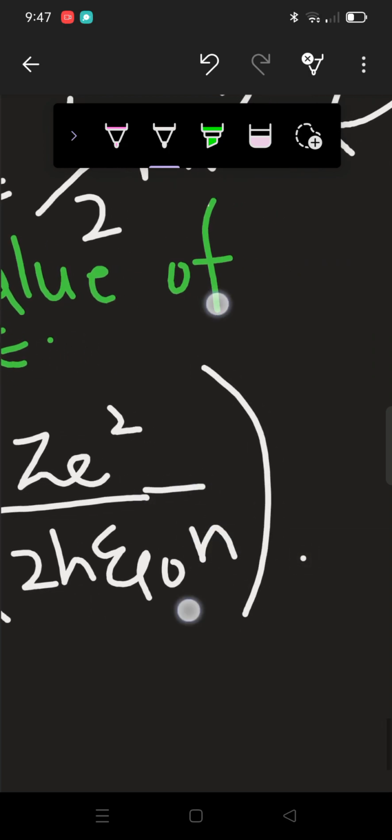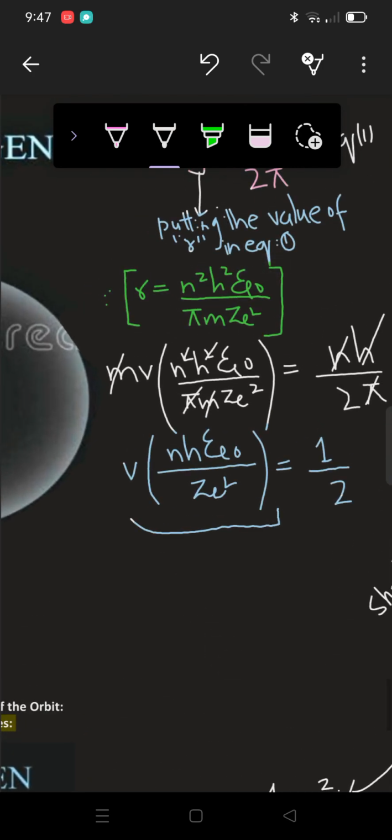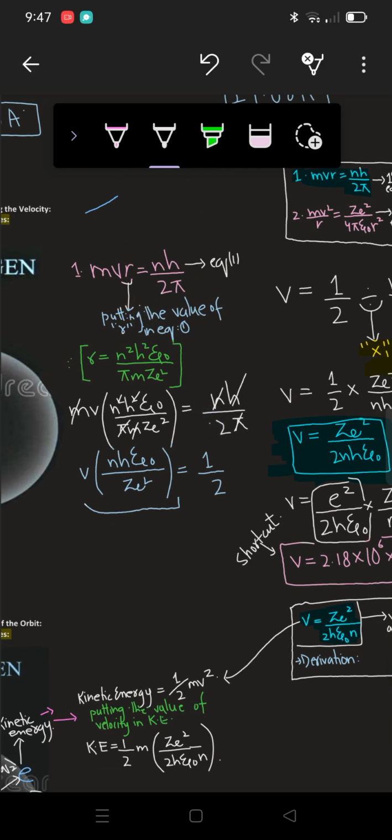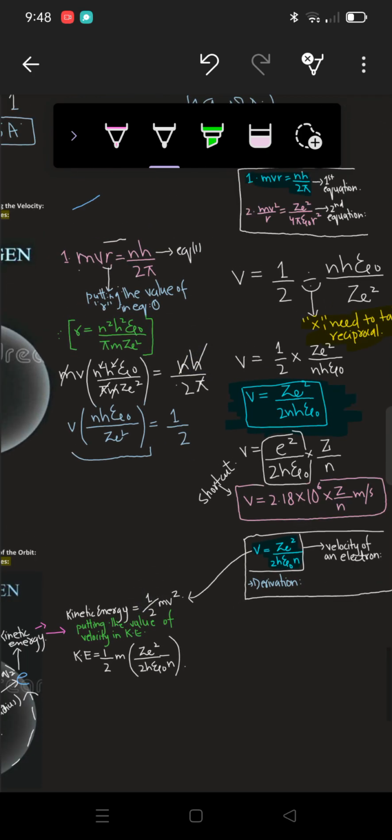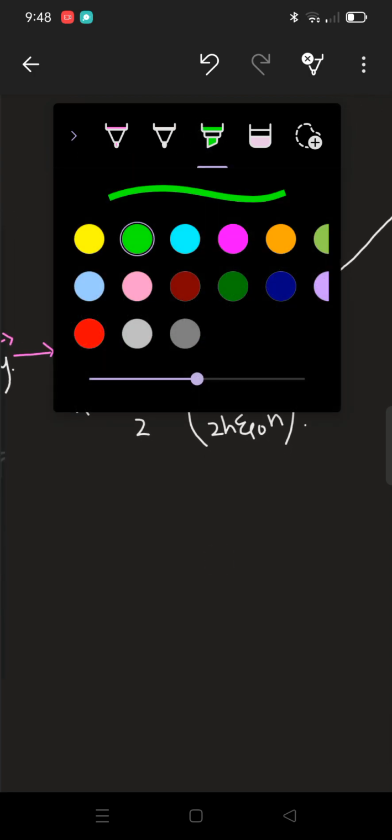Now do not get confused, because we have already derived the formula for finding the velocity, and here you can see we derived this formula by using mvr is equal to nh by 2 pi, which means angular momentum is equal to an integral multiple of h by 2 pi. There we substituted the value of r, which is equal to n square h square epsilon naught upon pi m ze square, and hence we got our formula for the velocity, equal to ze square upon 2h epsilon naught n. So we have replaced that value instead of v here.